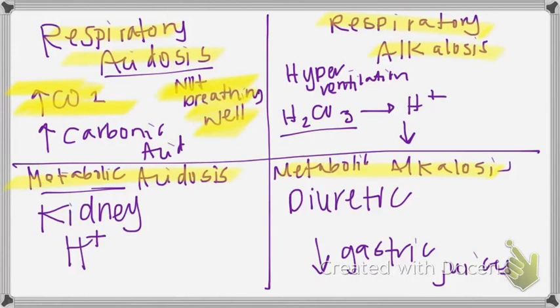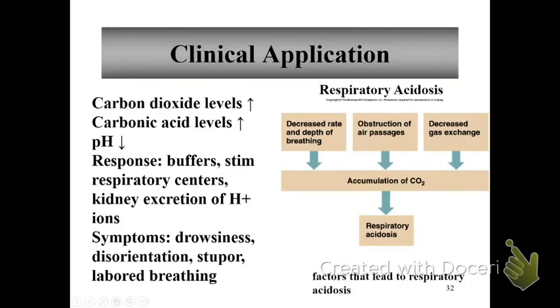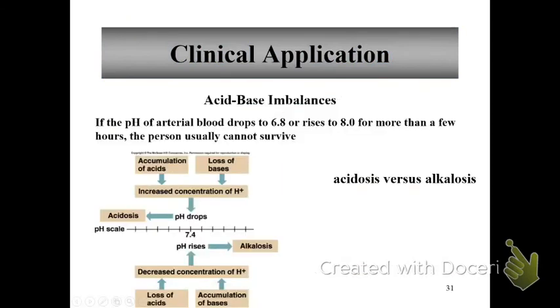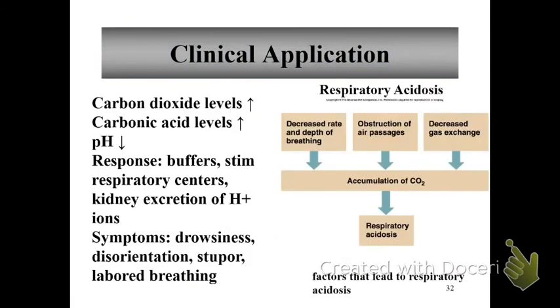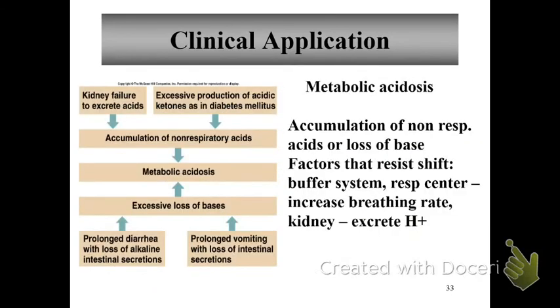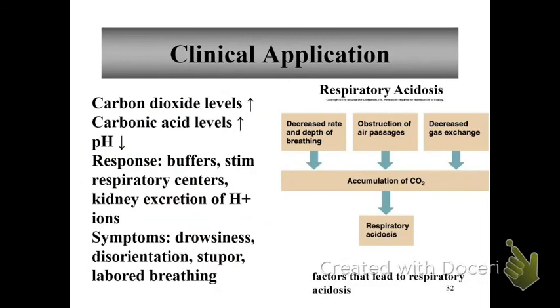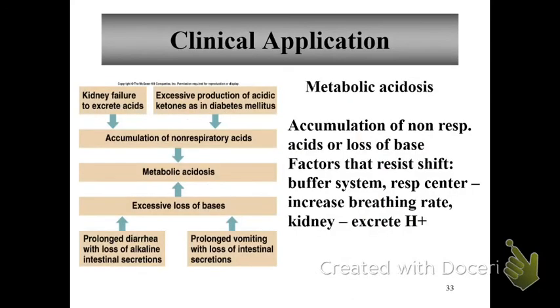Okay, and then we'll go ahead and go back to this one. You can see that right here. Carbon dioxide levels increase, carbonic acid levels, that's the H2CO3, increase from acidosis.